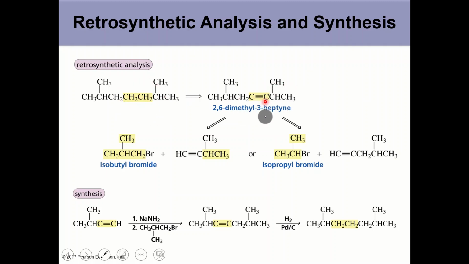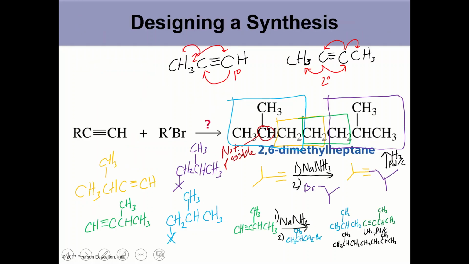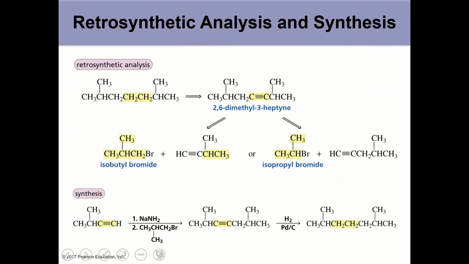And they took those two carbons, two CH2 groups, and added the triple bond. So the alkane can be made from the triple bond, basically. And so if the triple bond is at this position, we still actually have two options on how it's made, because we could break it at this position or this position.